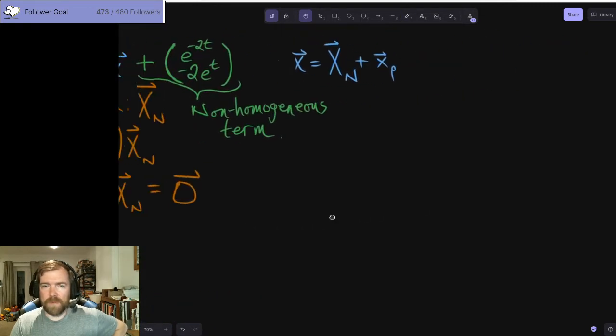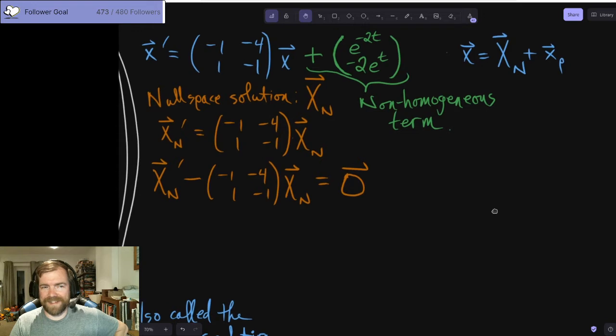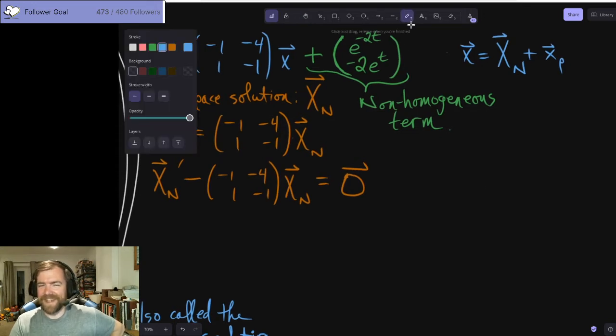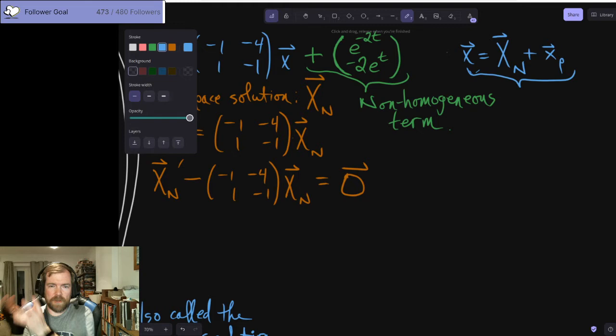If we have those two things, our total solution is going to be our homogeneous solution, null space solution, plus the particular solution. Then what happens when we plug this into our original differential equation?